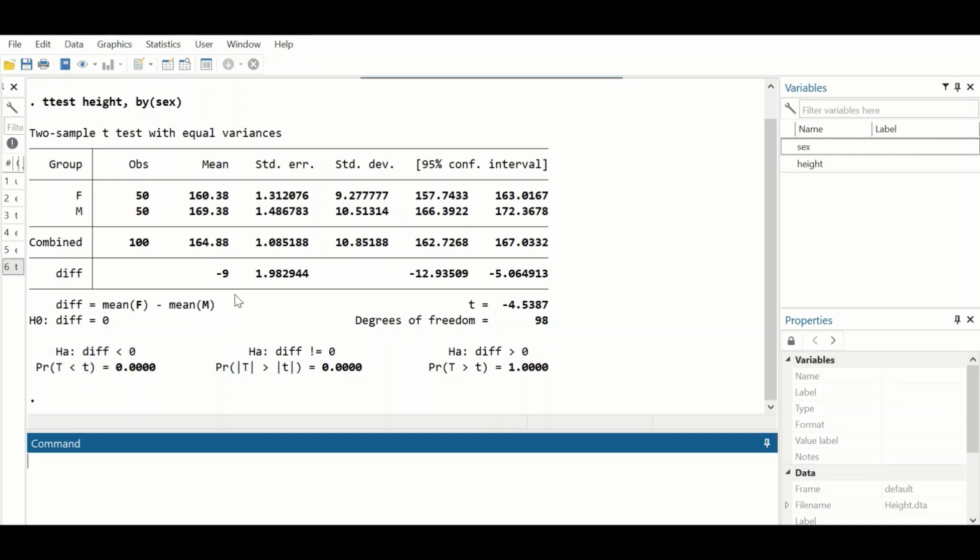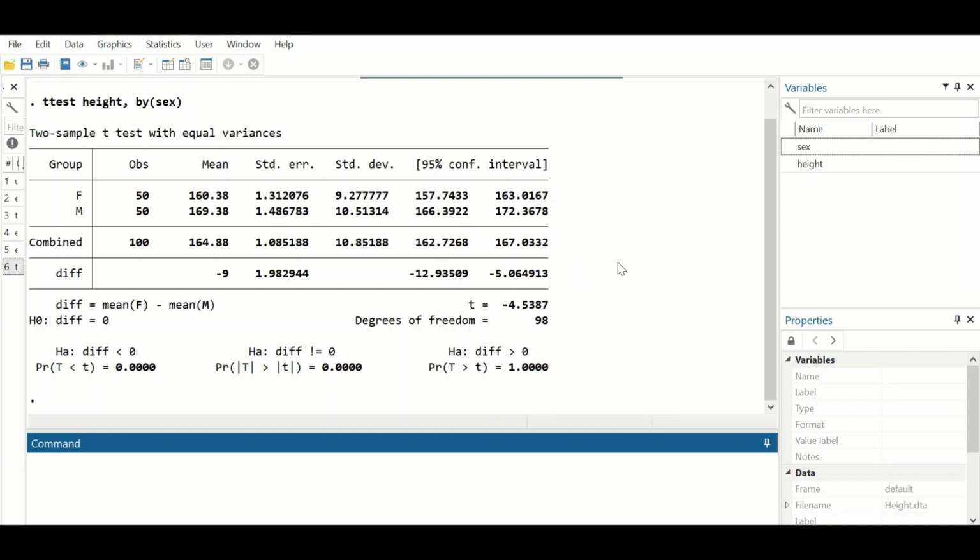It is -9 because the mean for the females is lower than the mean for the males. And a 95% confidence interval is generated, and -9 is falling between the upper and the lower values here.